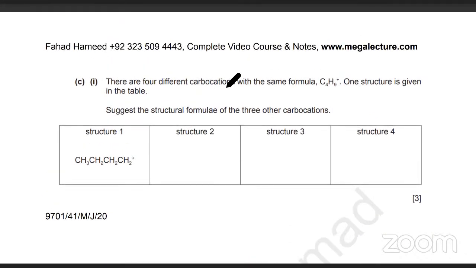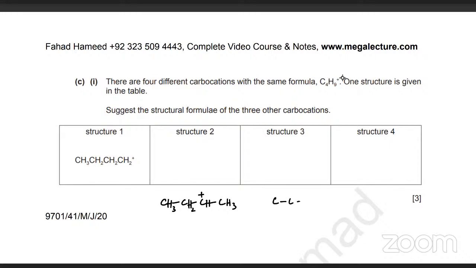Now you're seeing there are 4 different carbocations with the formula C4H9+. So you just have to draw the 4 structures, I guess. One of them could be that the middle one is a carbocation, so there's going to be 3 H's with this one, 2 H's, 3 H's, and 1 H with this one as well.